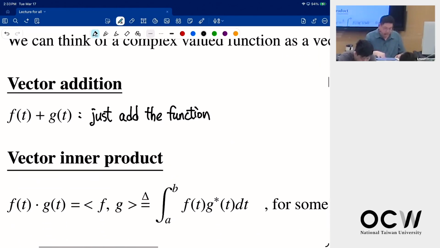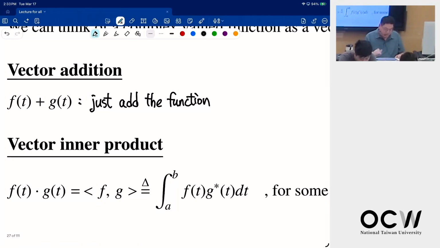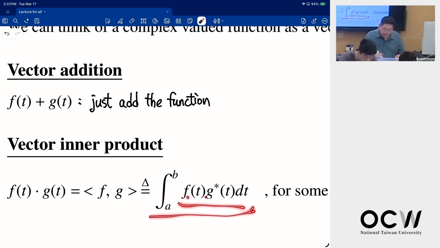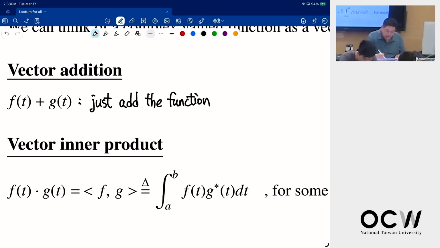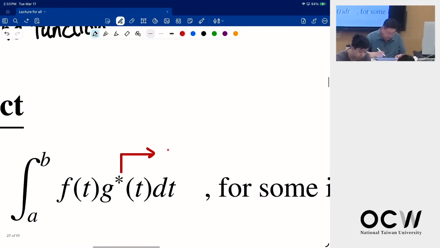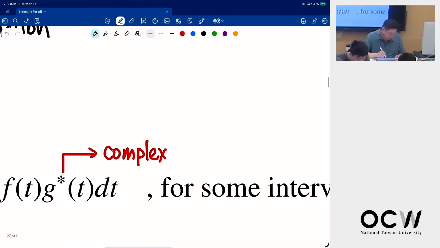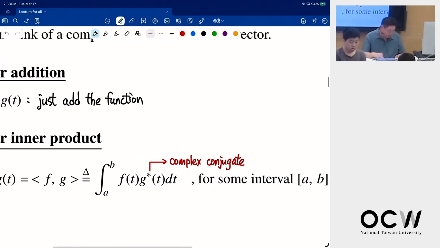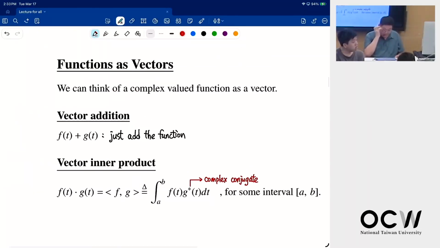And for the vector inner product, here's the definition. For the inner product, we use integration. Here we have f times g conjugate, so we have a complex conjugate. So this is the vector inner product.